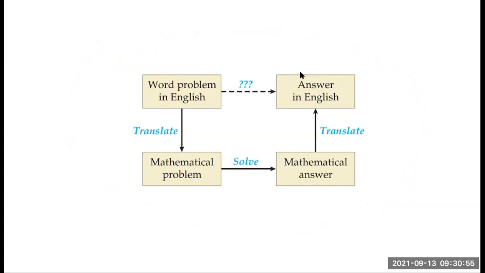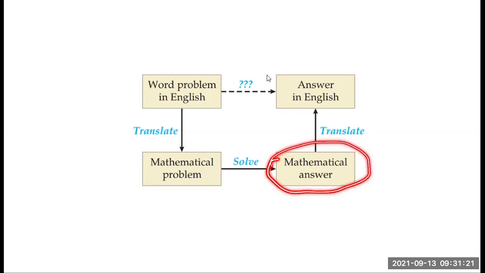So basically, we are given a word problem, which is in English. Then, using the data given in this word problem, we translate that problem into a mathematical problem. That means you come up with a bunch of equations. Then you deal with those equations and solve that mathematical problem to get a mathematical answer.